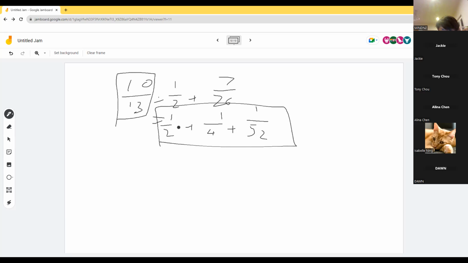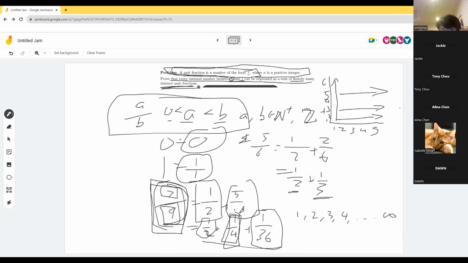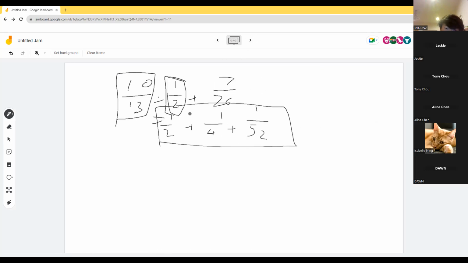Actually, it doesn't work because the fractions could become infinitely small. But we'll continue with this for now. We know they will be distinct, which the problem wants, because if we subtract this unit fraction, what's left is quite a bit less than this, because the unit fractions don't double, right?